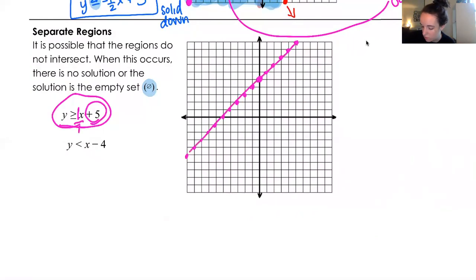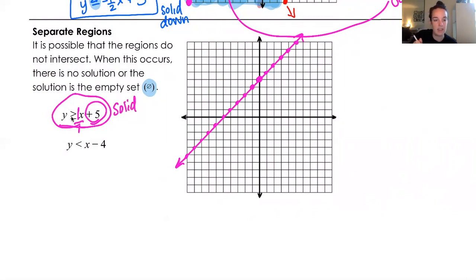Let's try that again. Still not awesome. All right, here we go. There we go, much better. Third time's a charm. So we have the pink line there, and I'm lucky that it has an equal sign there, so that means solid, because I totally forgot to look at that.